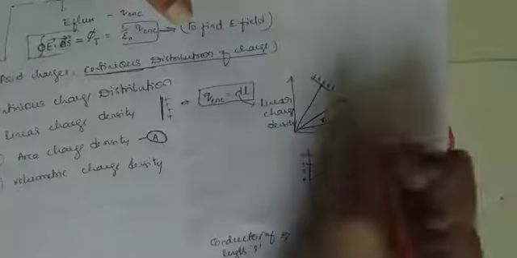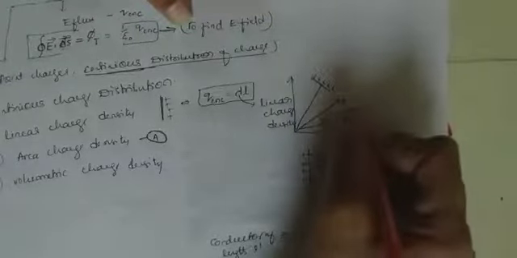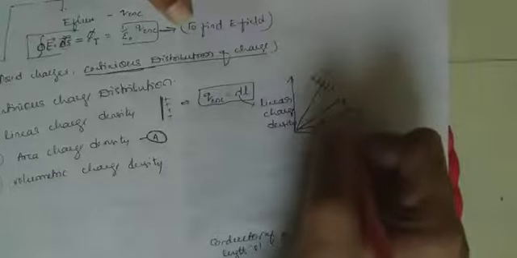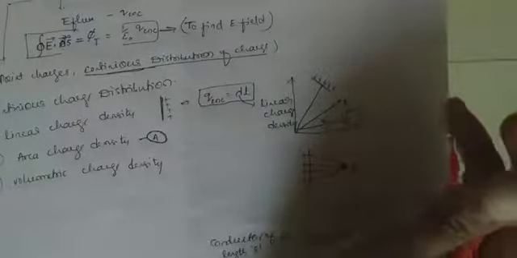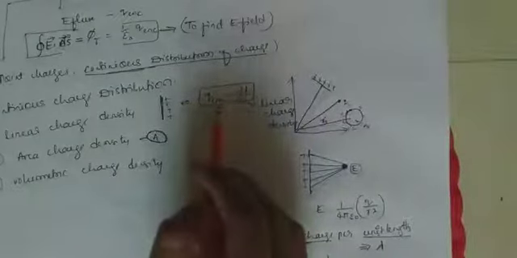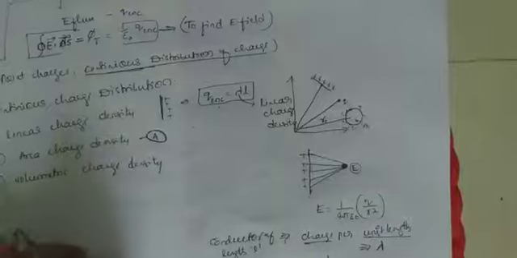Now for the aerial charge density, let us consider some surface like this, having some area A. Here the charge is distributed like this. Now I want to find the electric field somewhere, but first we have to know the charge enclosed.